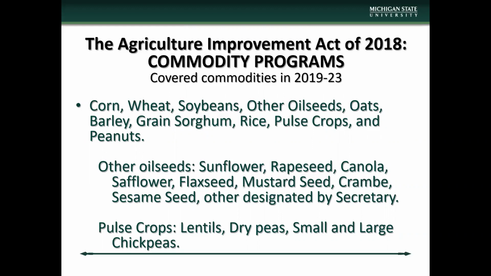We will discuss today what those benefits are, how they work, and help you make the choices of which program to elect, focusing specifically on these first three: corn, wheat, and soybeans. But the information that we talk through is equally applicable to all of these other covered commodities.